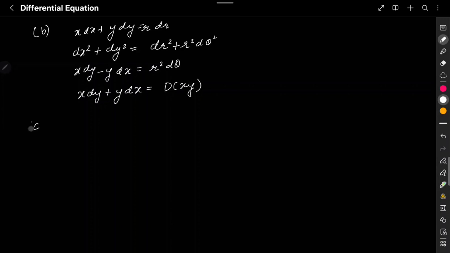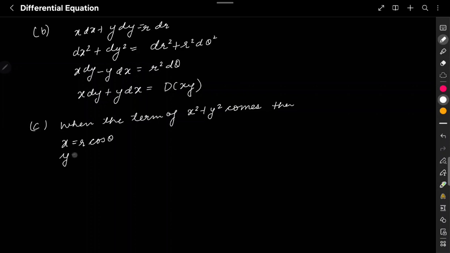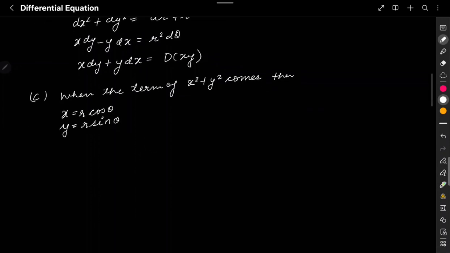So we will write the C point as: when the term x² plus y² comes, then we can substitute x as r cos θ and y as r sin θ. Here we note that r and θ both are variables.